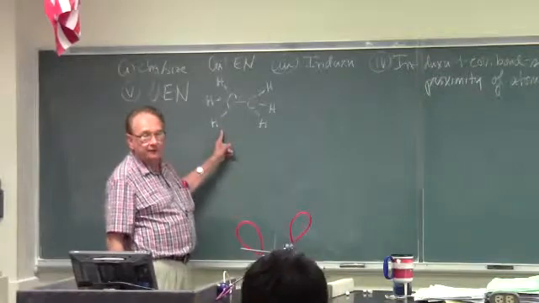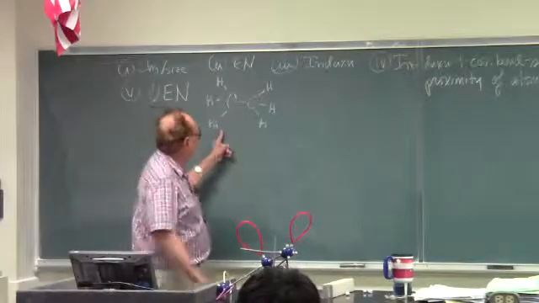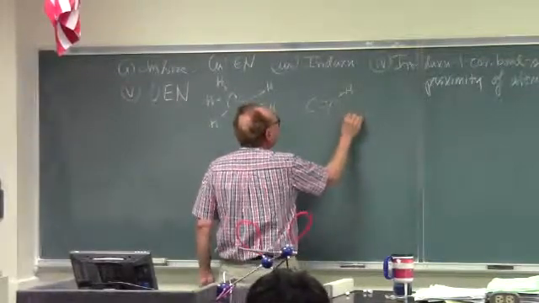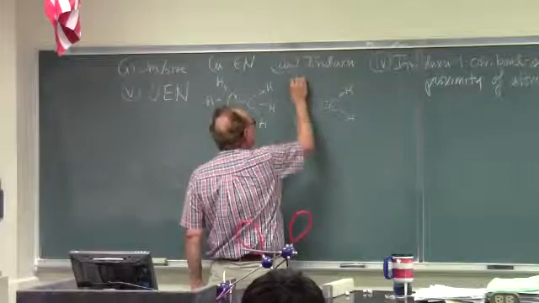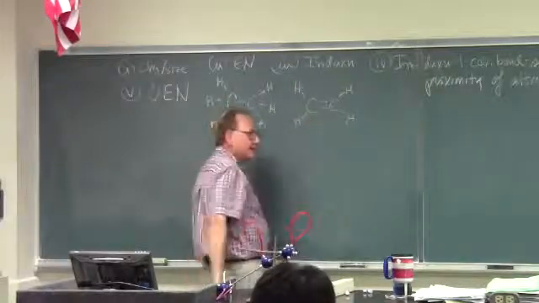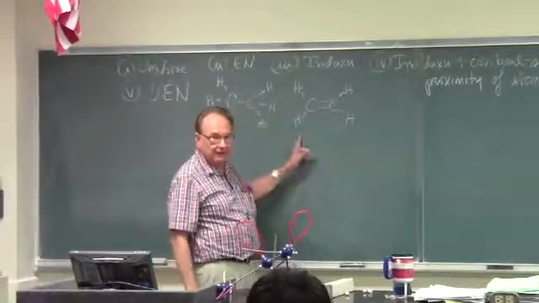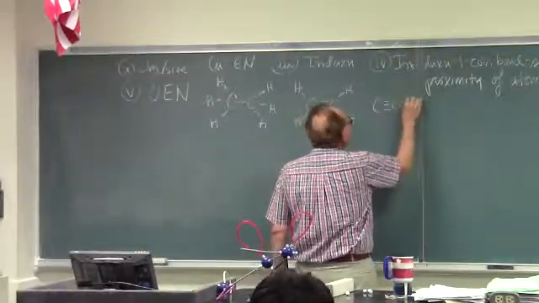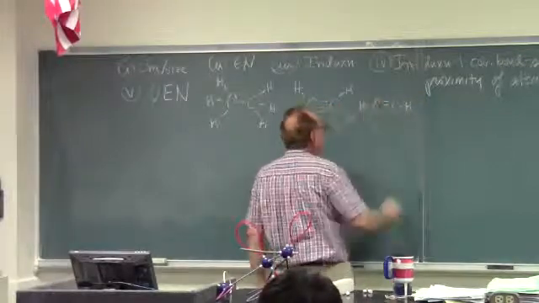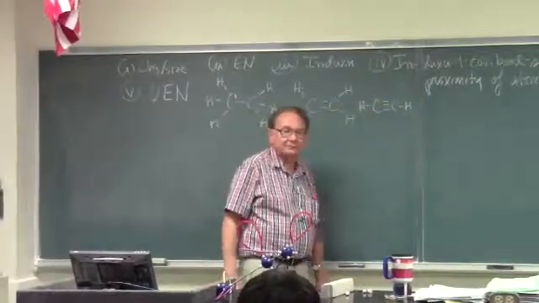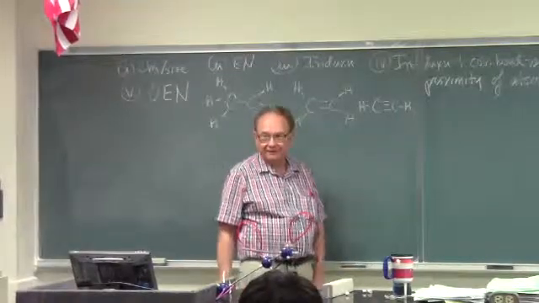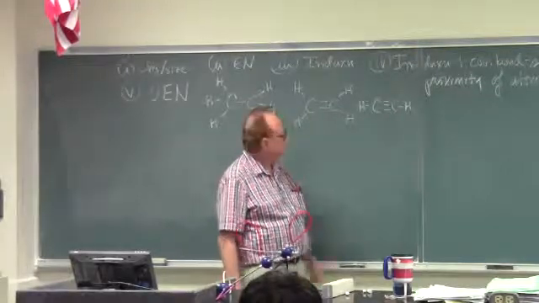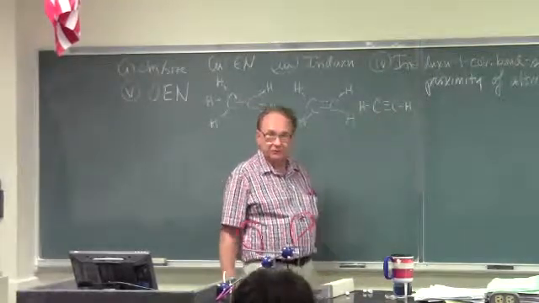This is the ethane molecule, compact formula C2H6. This is the ethylene molecule, compact formula C2H4. And this is the ethyne molecule, also known as acetylene. You heard of acetylene? Common fuel. Compact formula C2H2.